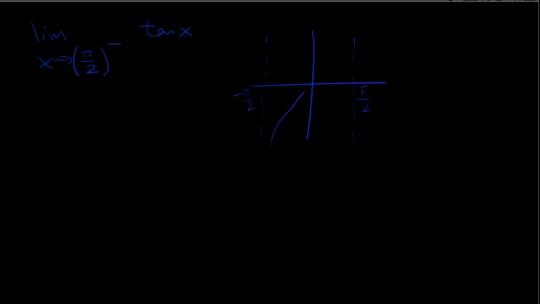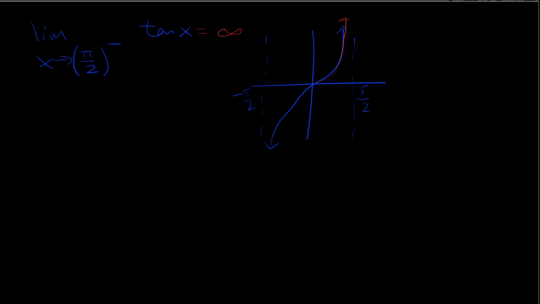And it's going to look like this. So if we approach pi over 2 from the left, we're just coming in from the left here, and you'll see it's going to positive infinity. So the limit is just positive infinity. So that's the easiest way to do it.